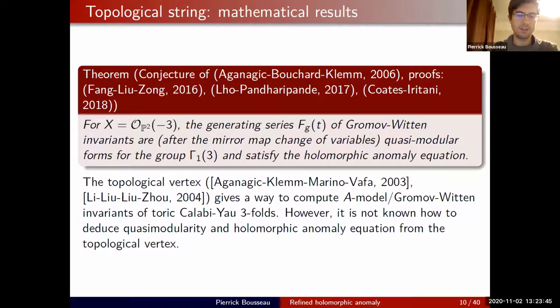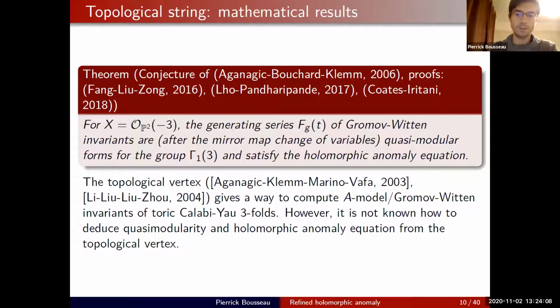Here I should make a remark on why this kind of result is maybe not so easy as it might seem. You might think that after all, the A model of Gromov-Witten invariants of toric Calabi-Yau threefolds, and local P2 is an example of a toric Calabi-Yau threefold, is solved. You can consider it as solved by the topological vertex formalism.